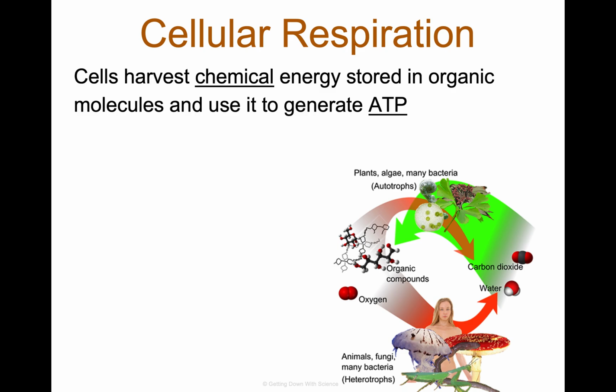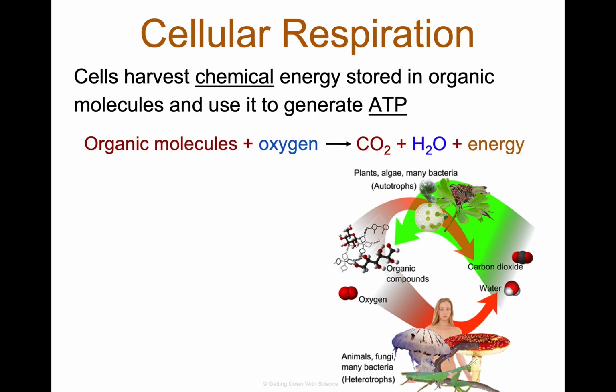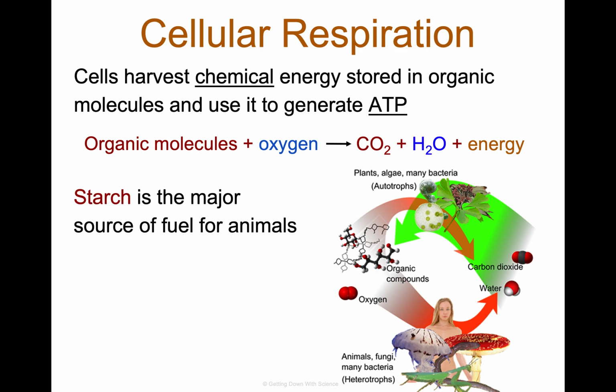Cells harvest chemical energy stored in organic molecules and use it to generate ATP. In plants, these organic molecules come from photosynthesis. Remember, the final product of photosynthesis is a molecule of glucose after it goes through the Calvin cycle. So organic molecules plus oxygen, usually from the environment, equals CO2 plus water and energy.